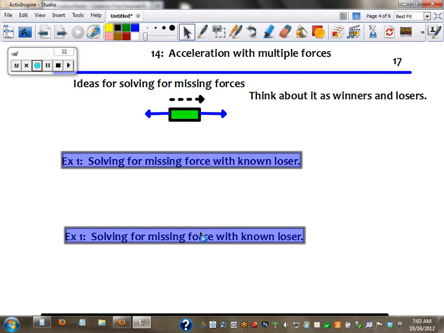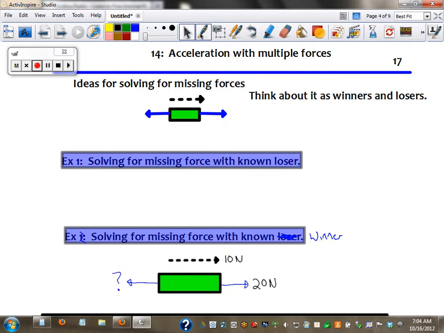Okay. Example number 2 is going to be solving with a known winner. Here's your picture. This one now, it's backwards. This is the winner. I know it's the winner because the net force is pointing in the same direction. You can think of this with the difference between these two is 10, and this one's losing, so it's weaker.